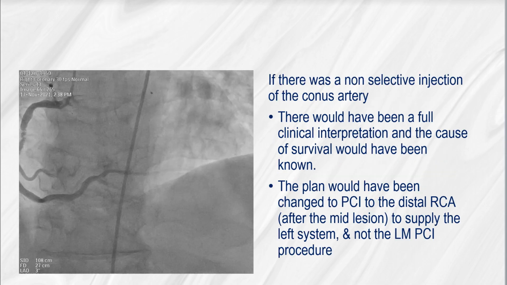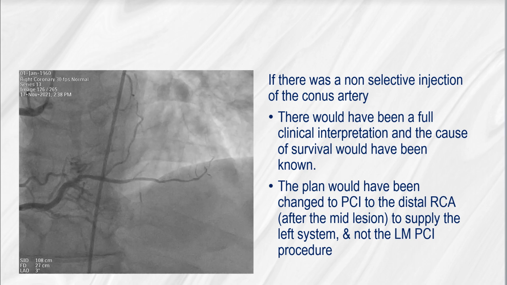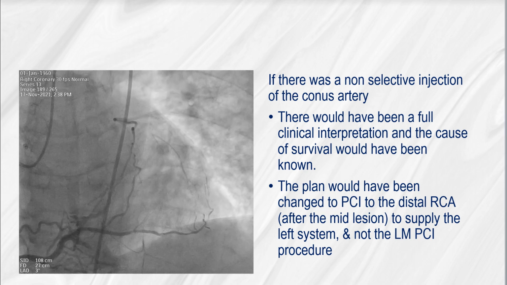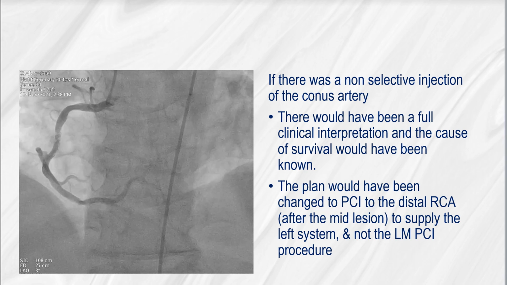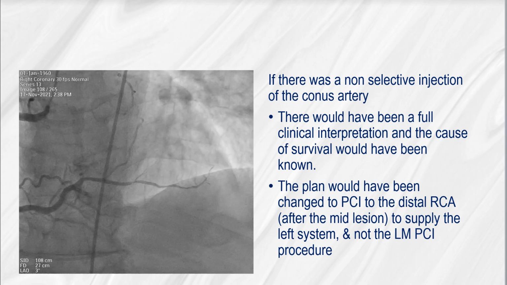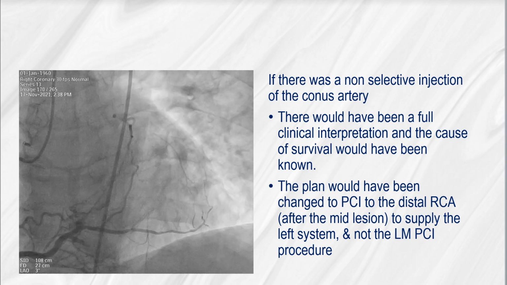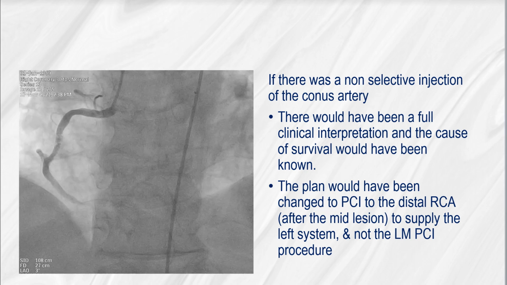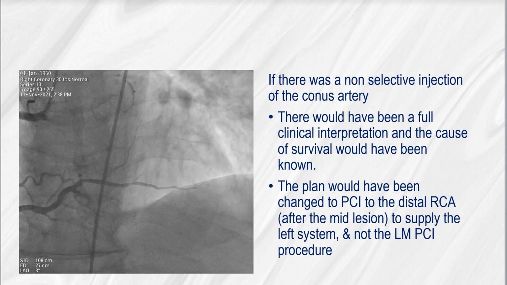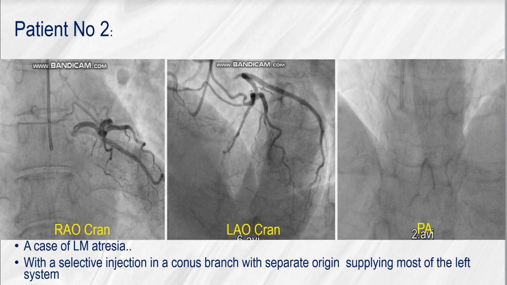If there was a non-selective injection of the conus artery, there would have been a full clinical interpretation and the cause of survival would have been known. The plan would have been changed to PCI to the distal RCA after the mid-lesion to supply the left system and not the left main PCI procedure.